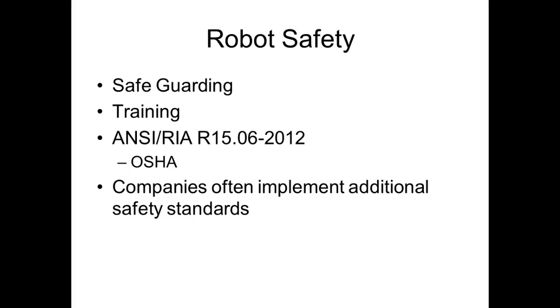So it talks about safeguarding, it talks about training, it talks about different companies often implementing additional safety standards. So the 1506 is just like OSHA. OSHA is law, but it's only law for companies that do interstate business.